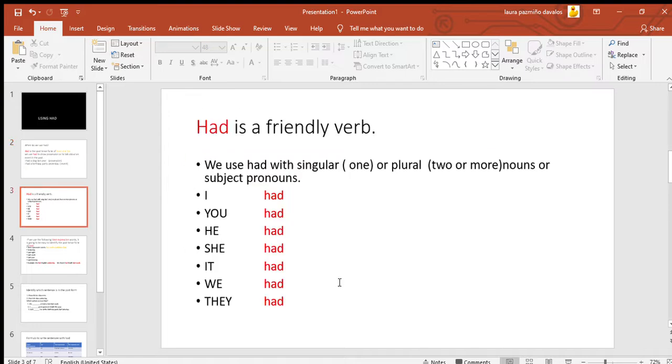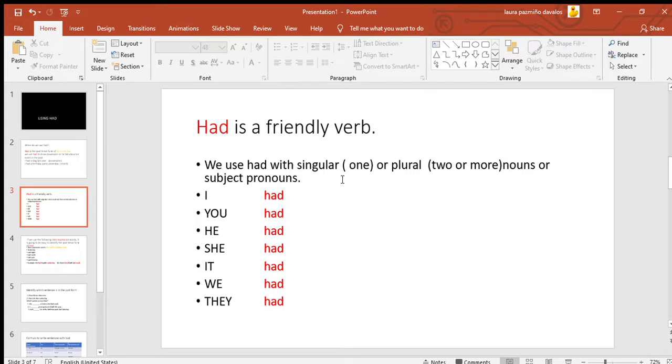Okay? As I have told you before, had is a friendly verb. I told you that had gets along with all the nouns and all the subjects. There is no change. So we use had with singular and plural nouns or subject pronouns. What does singular mean?